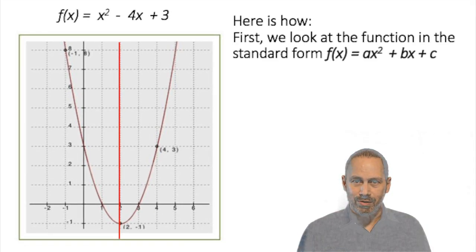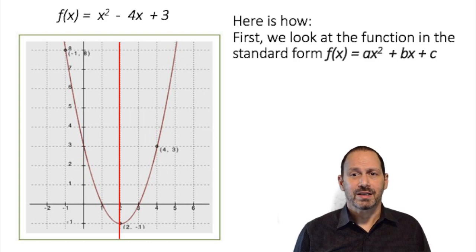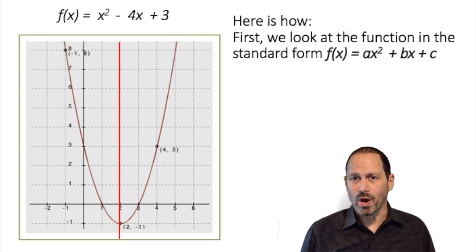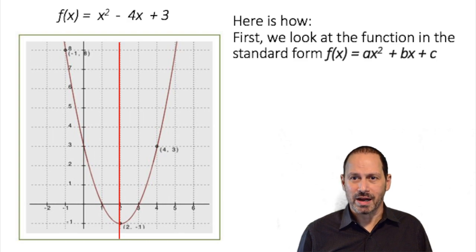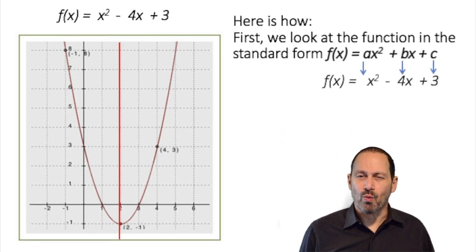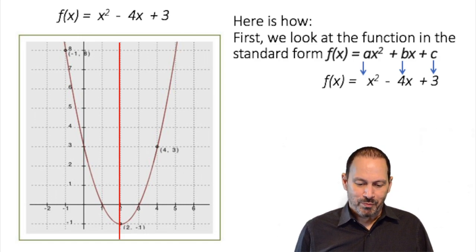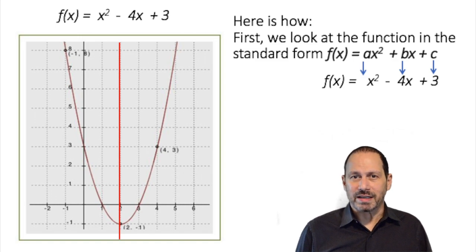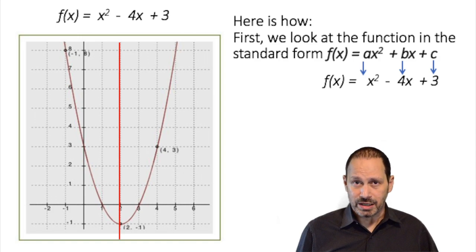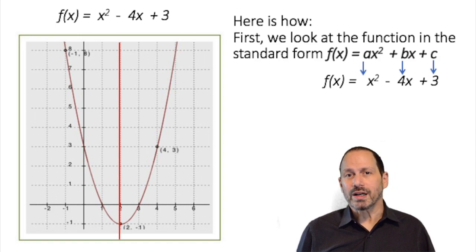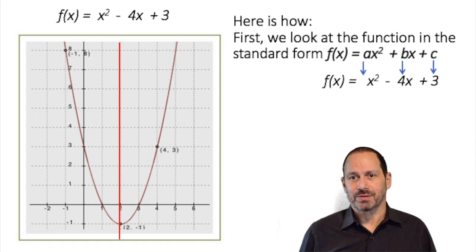In our function, f of x equal x squared minus 4x plus 3, the coefficient a is 1. Because if you don't see the coefficient, it's because it's 1, given that 1 is the identity element and everything you multiply by 1 remains the same, so 1 is the coefficient.